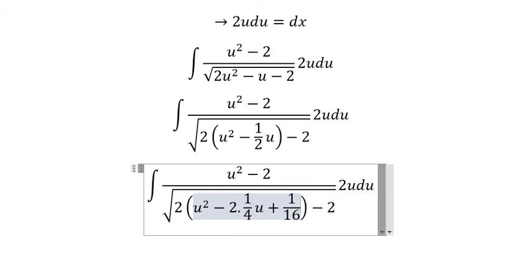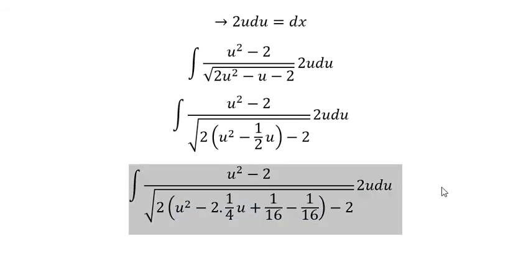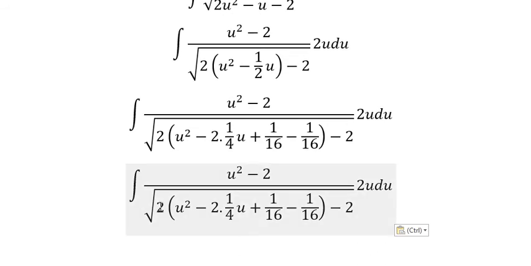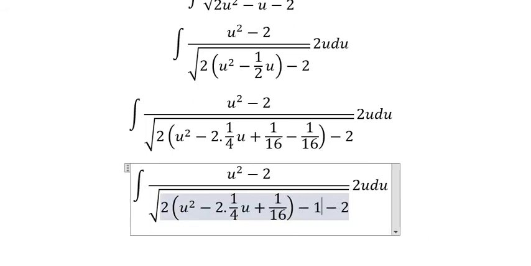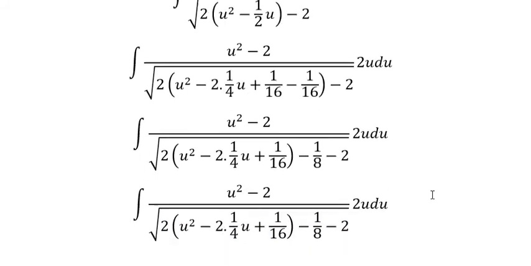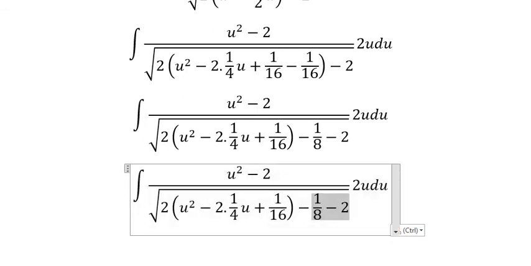That means we need to minus 1 over 16, because we just add, then we need to minus. 2 multiplied with negative 1 over 16, you will got negative 1 over 8. Negative 1 over 8, negative number 2, you will got negative number 17 over 8.